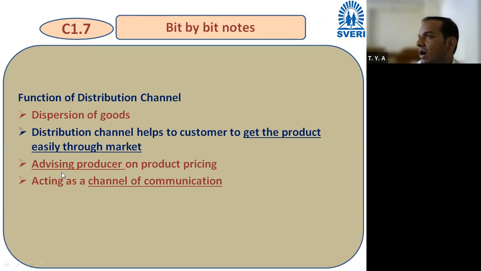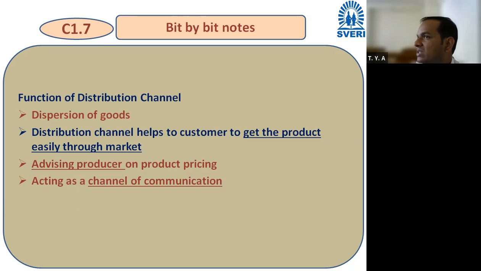Getting? Advising the producer on product pricing. So whom? Who advises the company? Obviously their team is there, but the distribution channel also says, like customers are saying, reduce the product cost, right? It is quite expensive.